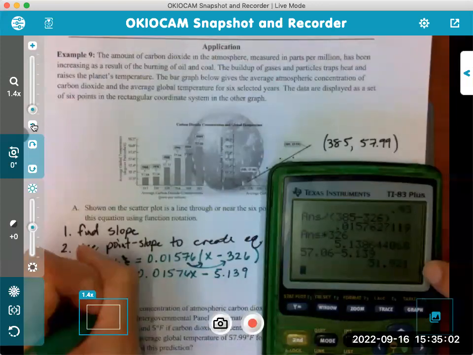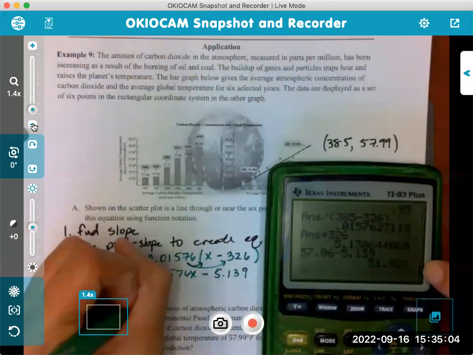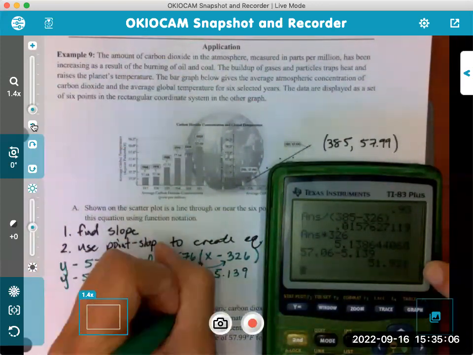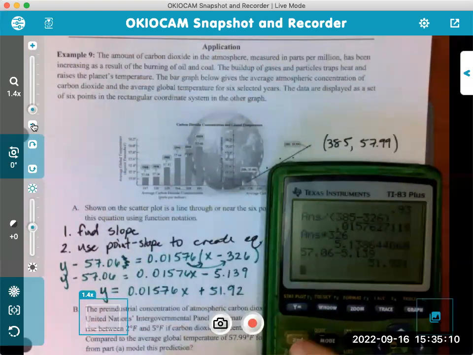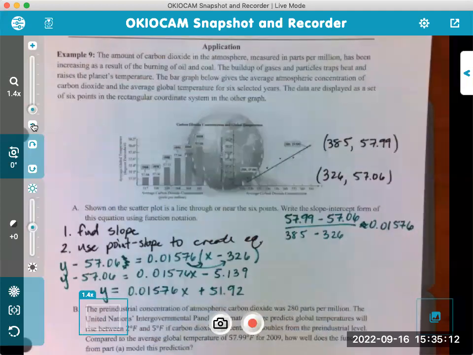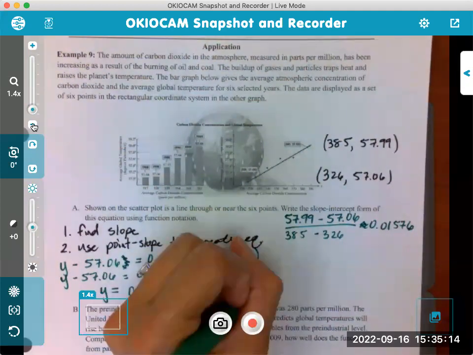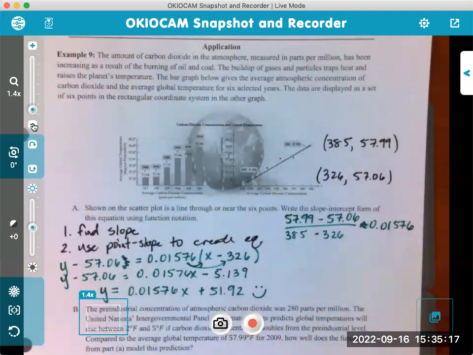So y equals 0.01576x plus 51.92. And there we go. So here is what we would call a line of best fit. Now it's not a perfect line, but it just best fits the information.